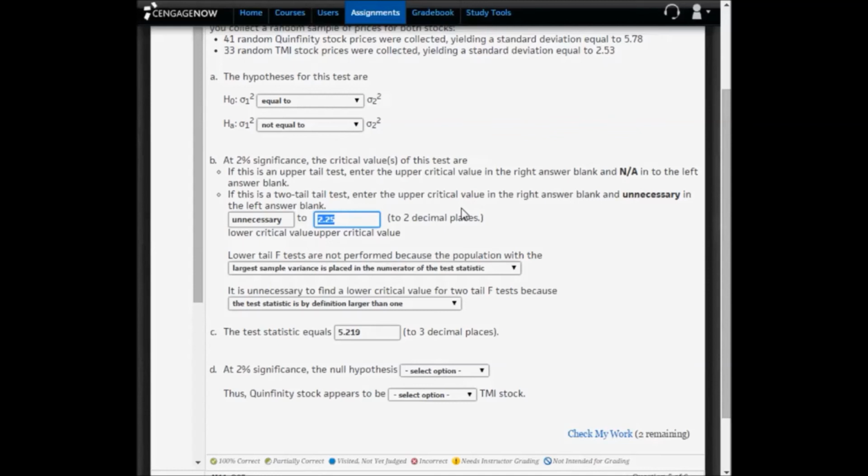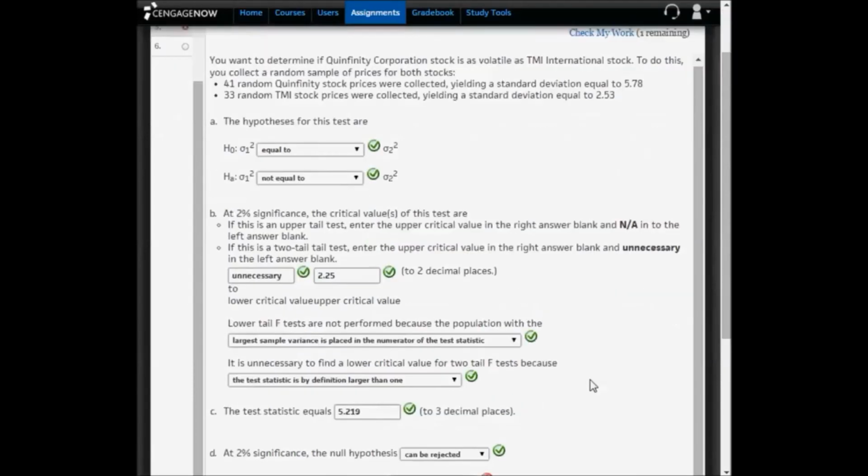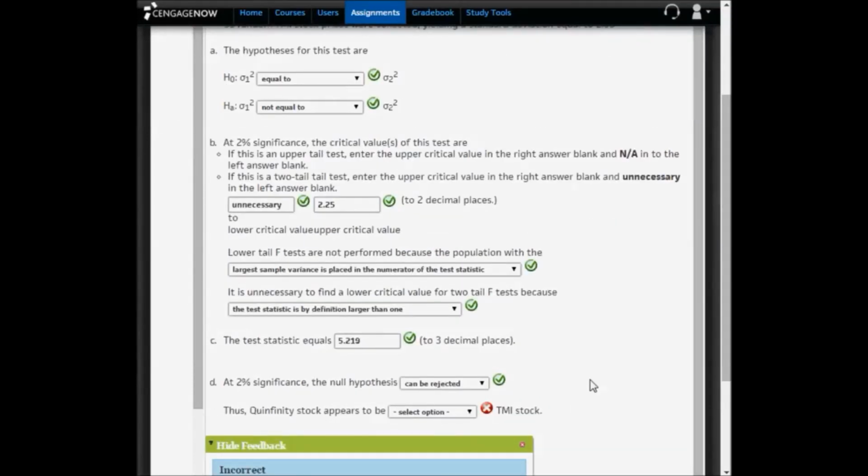In other words, there's a significant difference in the two variances, which means we're going to reject the null. The null can be rejected at 2% significance. I'm going to check my work to make sure everything's good to go. And we got all the answers correct.